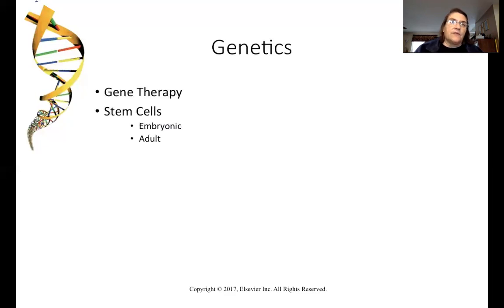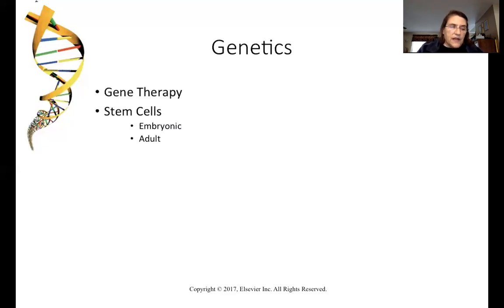There is another type of therapy called stem cell therapy, and there are two types, embryonic and adult. There is some discussion going on with both of these. But stem cells are basically unspecified cells in the body that have the ability to remain in an unspecified status until needed, and while they're in that status, they just keep dividing.